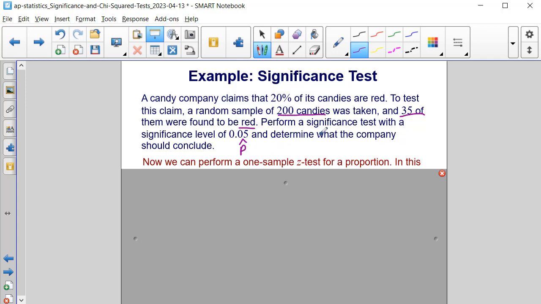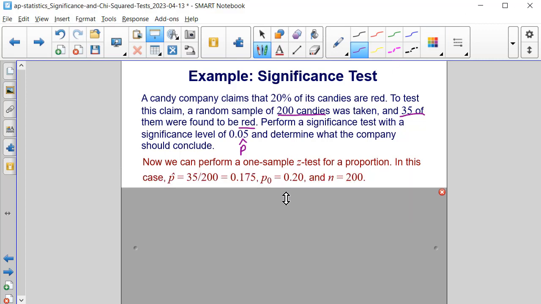So that's going to be 35 divided by 200, which is equal to 175 thousandths, if you actually use a calculator to divide them. Our initial p-value is the 20% or 20/100 or 2/10, and our sample size was 200.